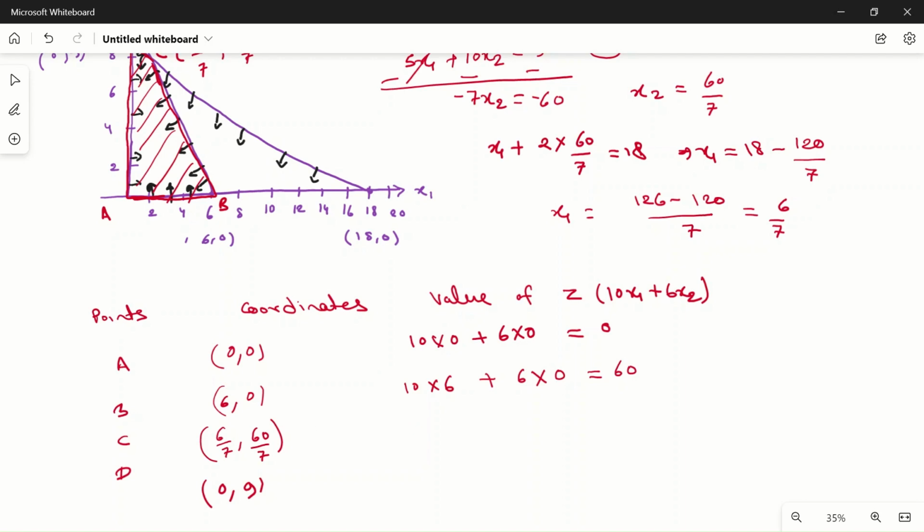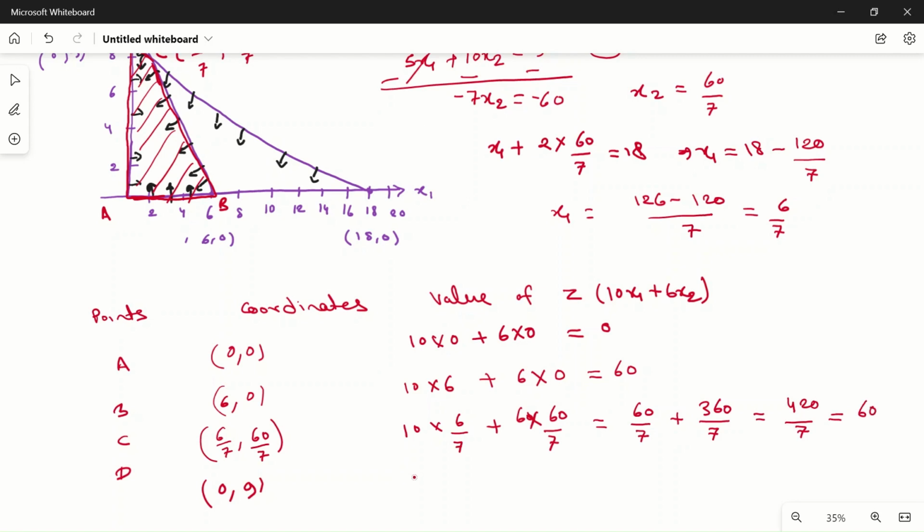At C, it will be 10 into 6 by 7 plus 6 into 60 by 7, which is 60 by 7 plus 360 by 7, equal to 420 by 7, which is 60.